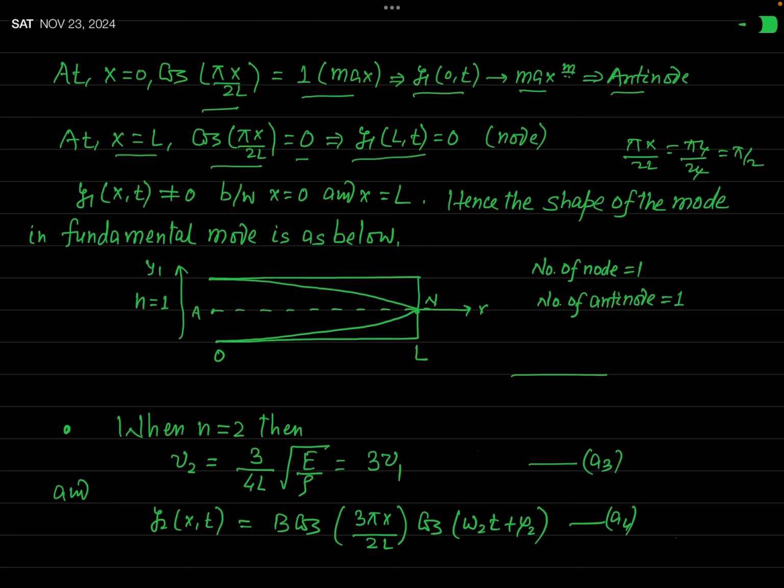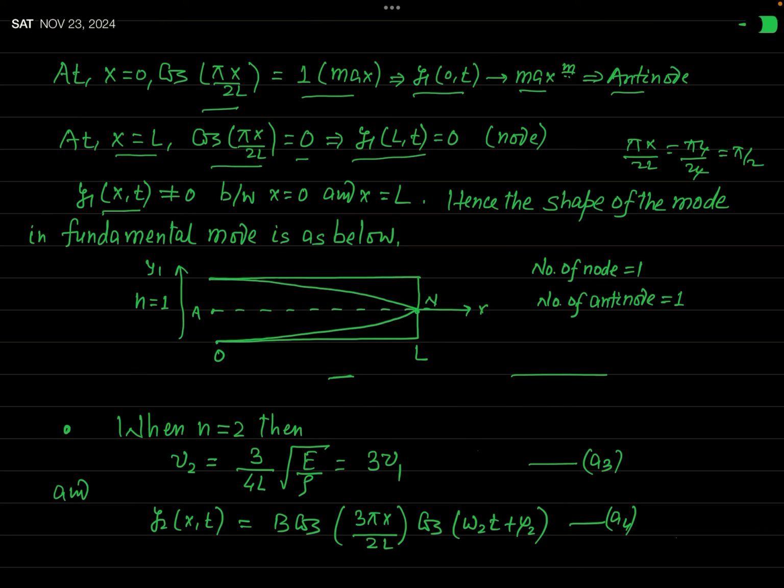Now you can see, between x equal to 0 and x equal to L, this y1 of xt is not 0 at any point. So there is no node between this x equal to 0 and x equal to L. That's why if you want to draw the shape of this mode, that will be just like as I have shown in this figure.